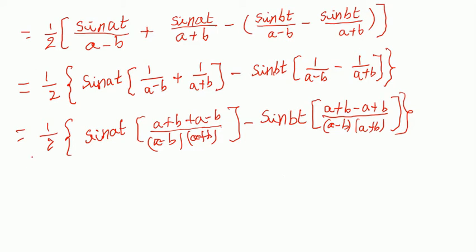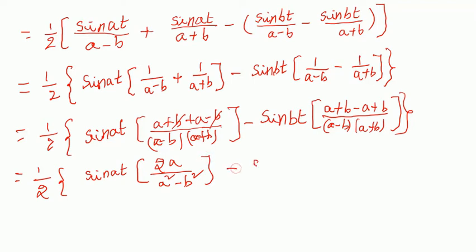So that is equal to 1 by 2 into sine at into, what is that here? Plus b minus b is cancelled. You can get 2a by a square minus b square, because this is in the form of a plus b into a minus b. a plus b into a minus b can be written as a square minus b square, right?